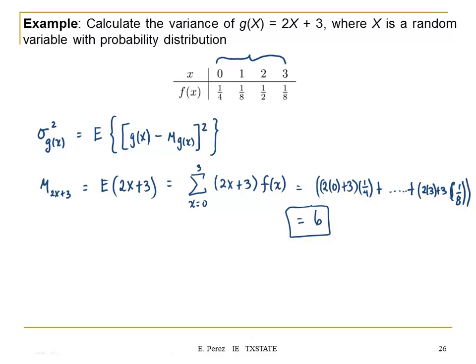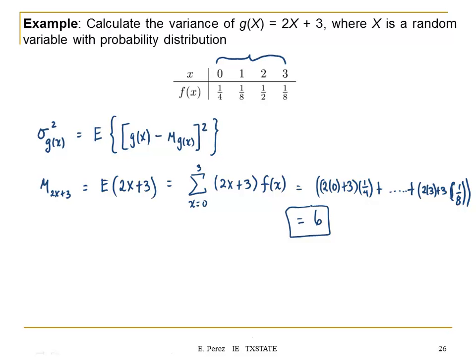So this mu of g of x is mu of 2x plus 3, which is the expectation of 2x plus 3, which is how we define the function of the random variable. So instead of having x here, we have a function for our random variable x. And that's what we plug in here, because now the random variable is defined by a function.